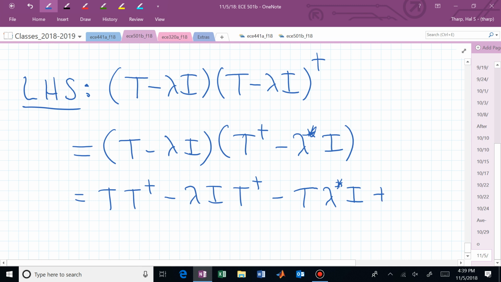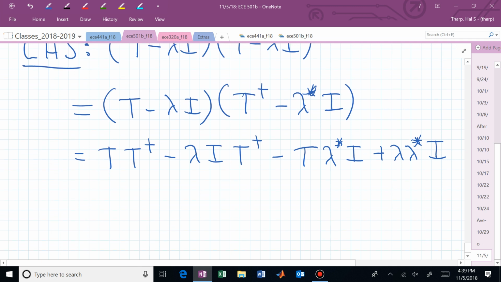plus lambda lambda star I. And the lambda is a scalar, so this now says that I have t dagger minus lambda t dagger. I can collapse the identity map.